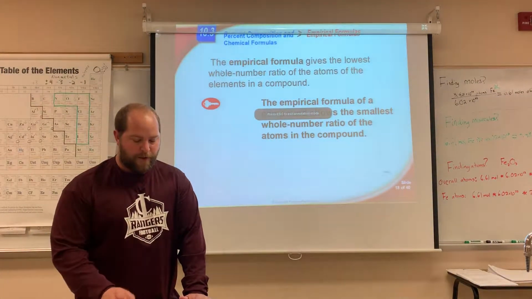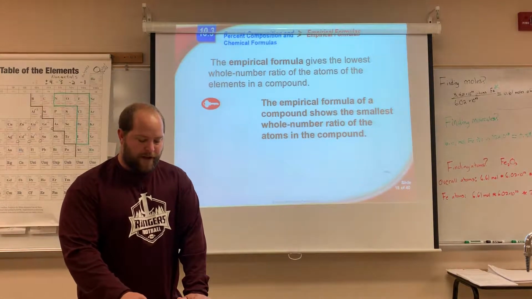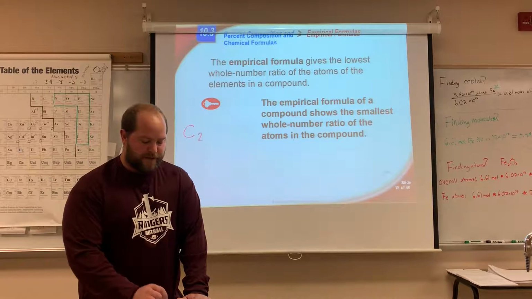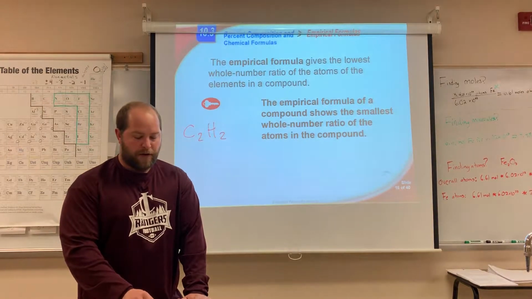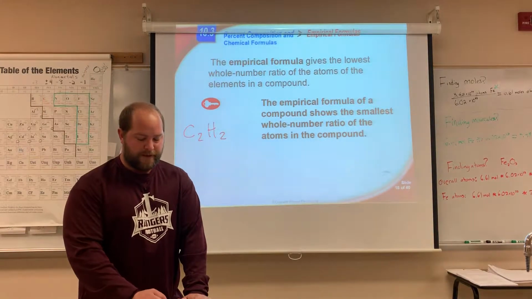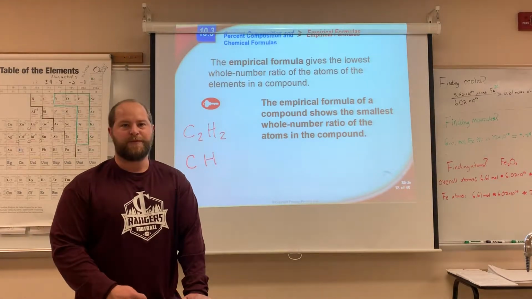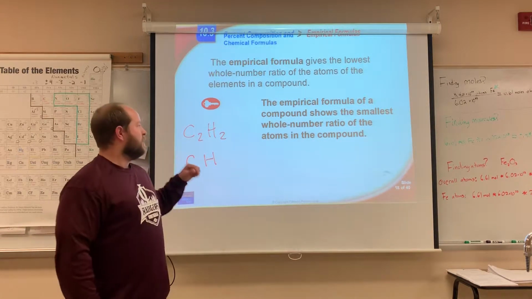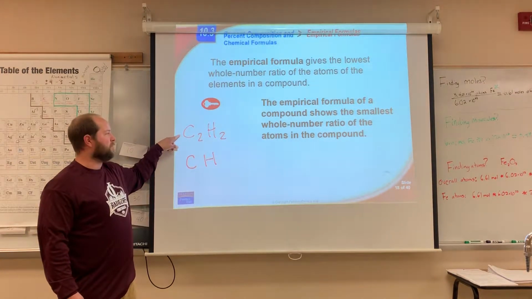An empirical formula would be something like this. If we have acetylene gas, which is C2H2, that is the molecular formula. The empirical formula is going to be the simplest whole number ratio, which would just be CH. So acetylene gas's actual molecular formula is C2H2.